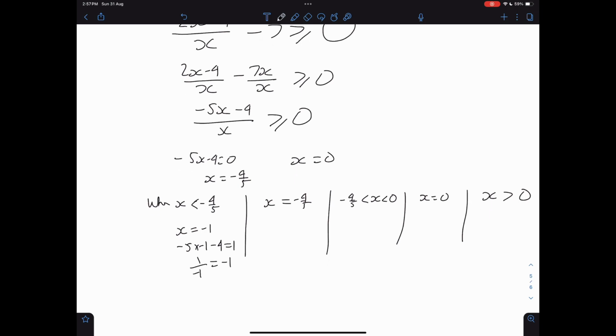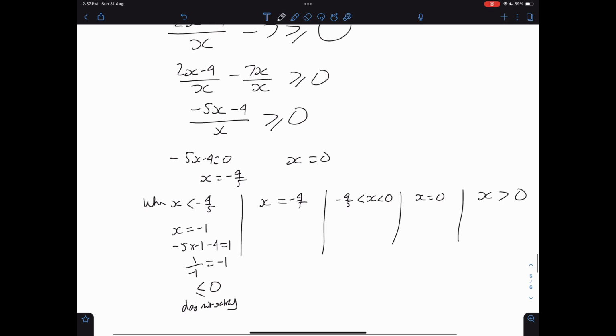So that's less than 0, so it does not satisfy. And then x equals negative 4 over 5. The 5s will cancel out, so you get 4 minus 4 over minus 4 over 5, and that's 0 over something, which will equal 0. And that does satisfy, because it can be equal to 0.